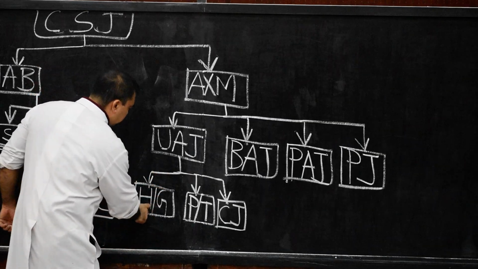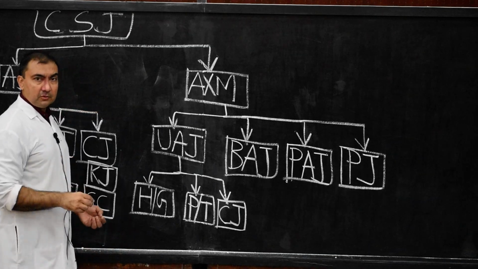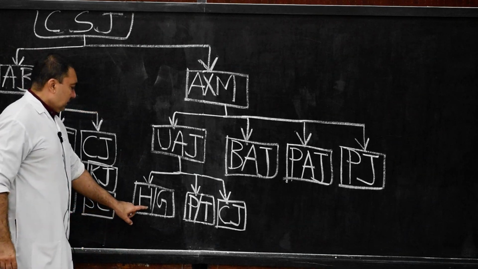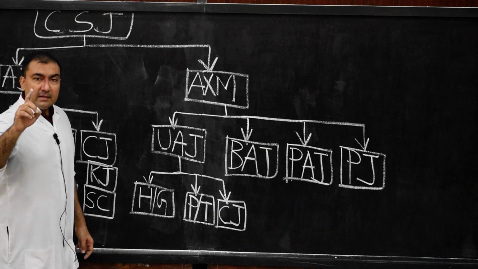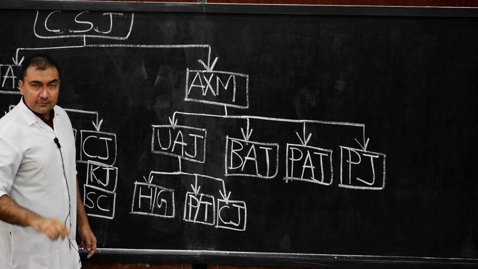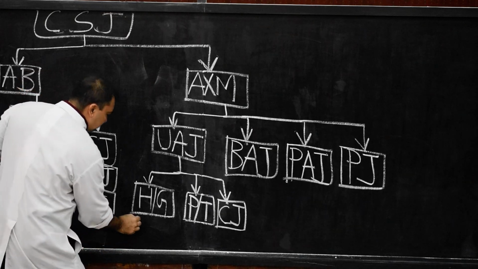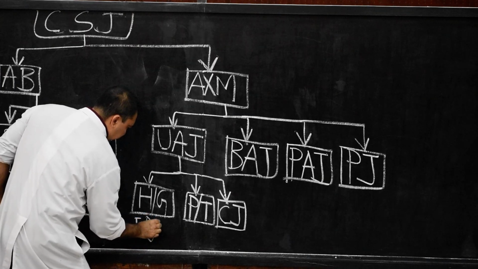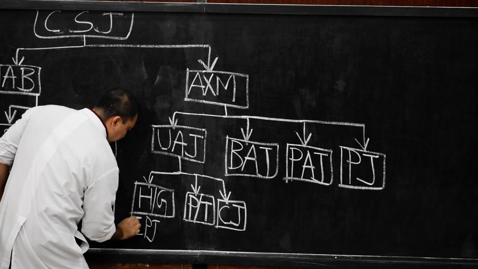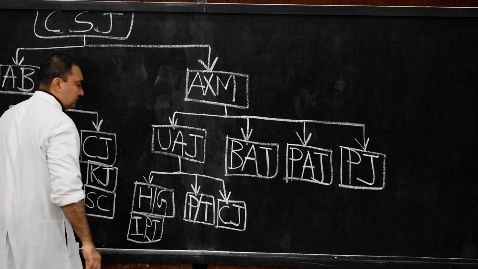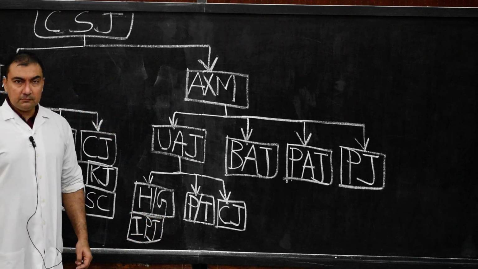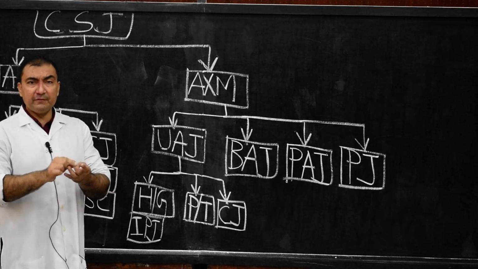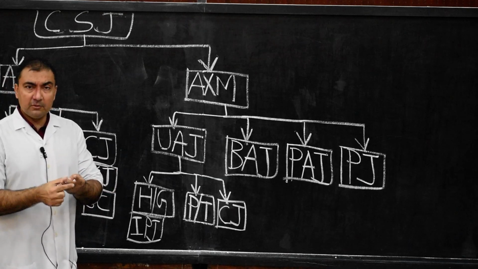The example of hinge or ginglymus which you have to note down is the interphalangeal joints. This is a very strong example of the hinge variety. These interphalangeal joints will move in flexion and extension only around the transverse axis.